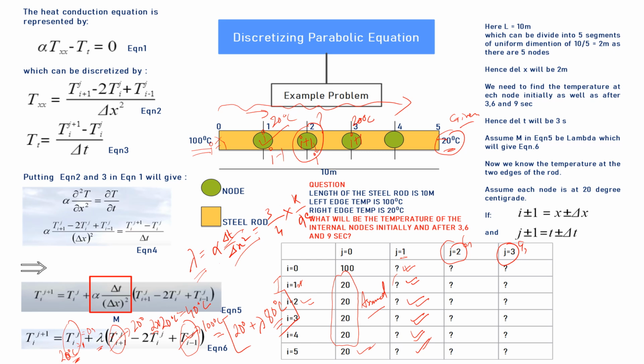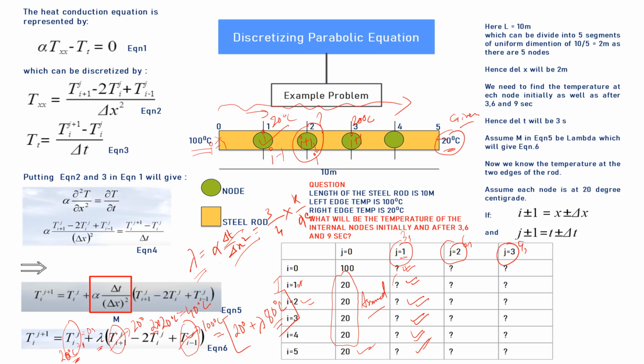After you have found out the value of temperature at all nodes at time j is equal to 1, j is equal to 2, and j is equal to 3, we repeat the calculation again. Okay? So we again repeat it, right? And try to find the values again for the 3 second, for the 6 second, and 9 second.